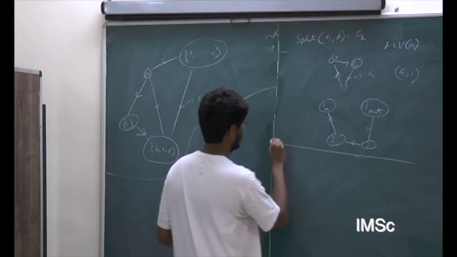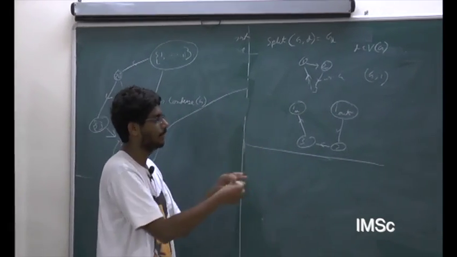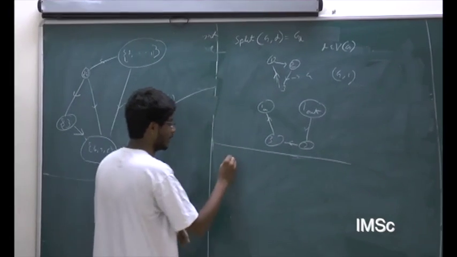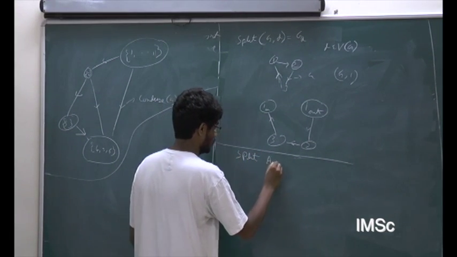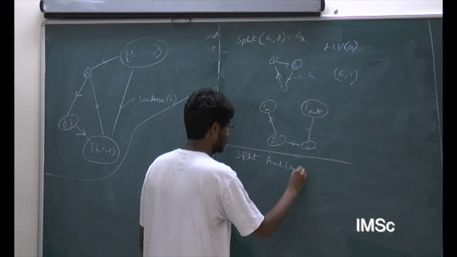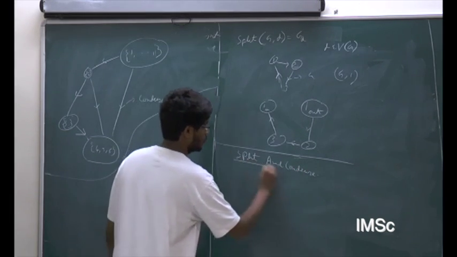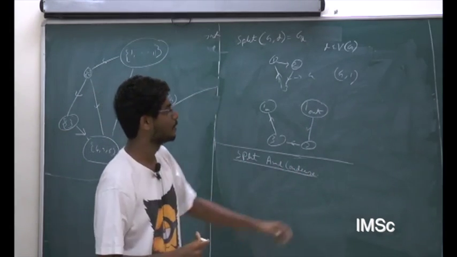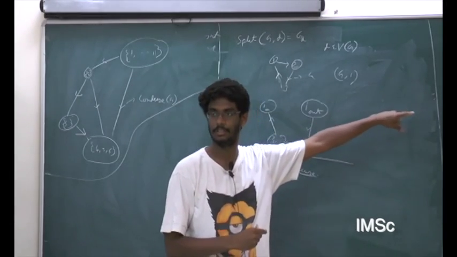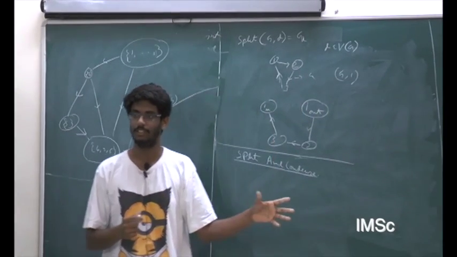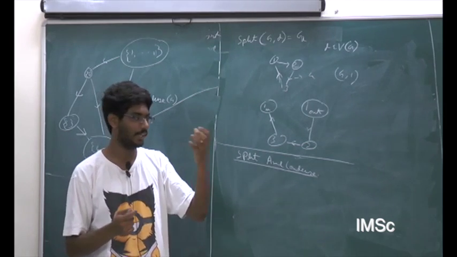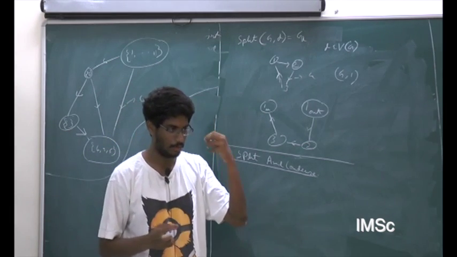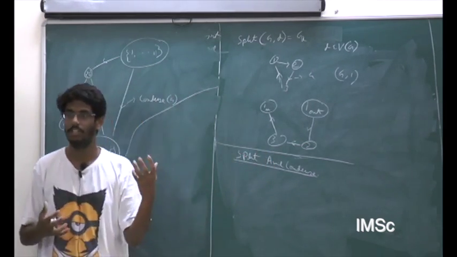I'm sorry, it's not condense and split. We'll do split and condense. So first we split this. Take any general graph G, split some particular vertex. So we have a particular D in and D out.